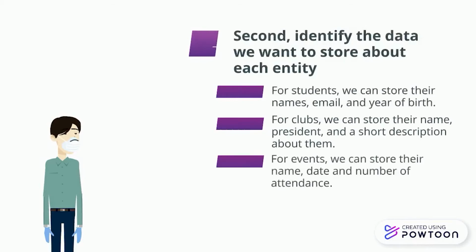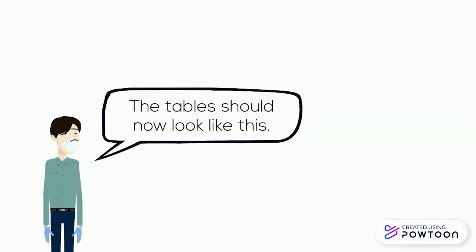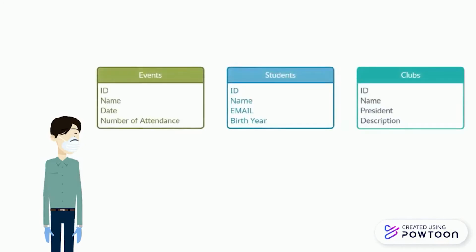For events, we can store their name, date, and number of attendance. The tables should now look like this. For events, for students, and for clubs.